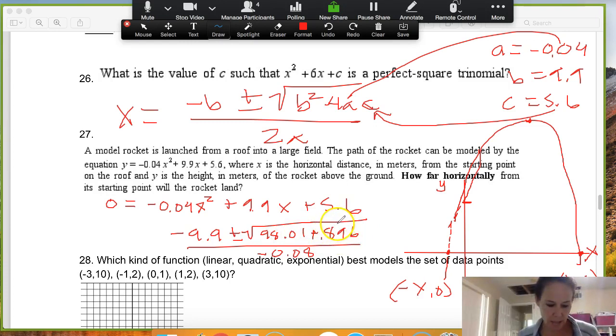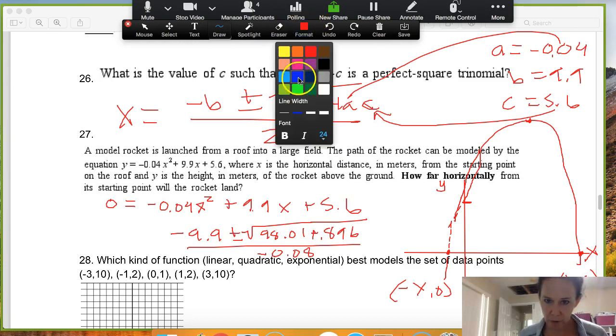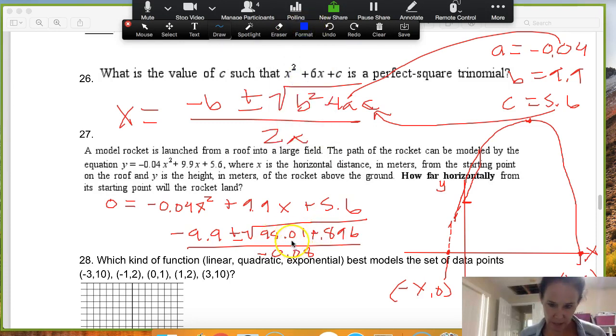Now add this together. 98.01 plus 0.896. Now these are ugly numbers, but they're real. Okay, so this inside here, I'm going to write over it in blue. This inside here is actually 98.906 when I add that together. Okay, so I'm square rooting 98.906. So second square root 98.906, and that's going to give me this part in here.